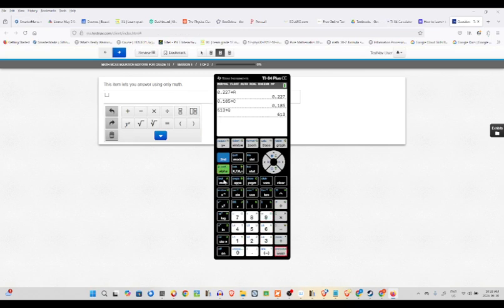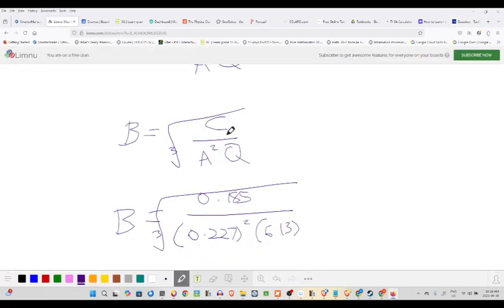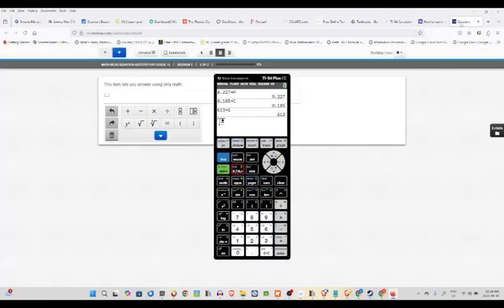So why go through the process of storing them? It'll actually make the next part much nicer to look at, because now we can effectively type our equation exactly as is. We know that's the cube root of c over a squared q. So I can write c down here, a, and we want to square that, and multiply that by q.